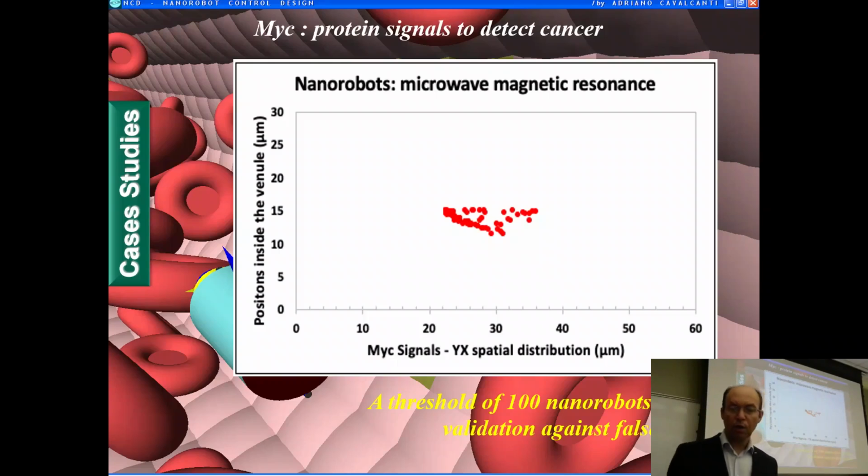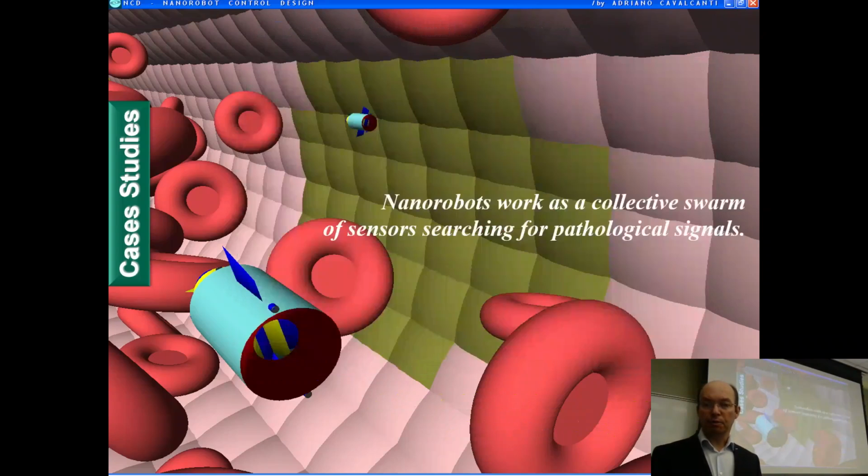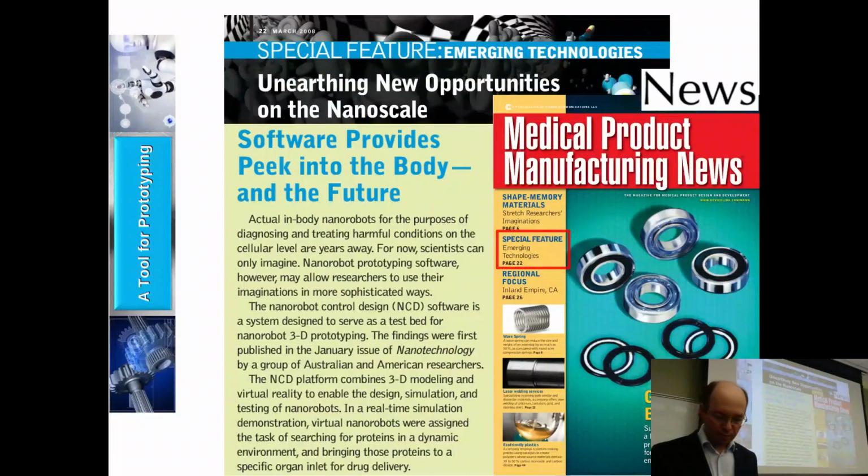It is also noteworthy to mention that we adopt the threshold of 100 nanorobots, providing a validation against false positives for the protein MYC in the bloodstream. So again, the whole concept is to use the nanorobots as collective swarm sensors that go foraging and searching for a pathological signal in the patient body.